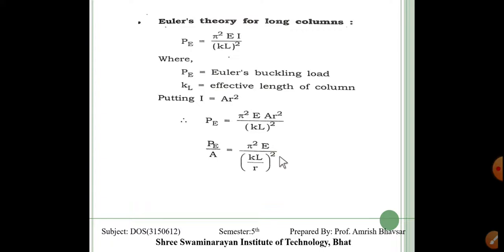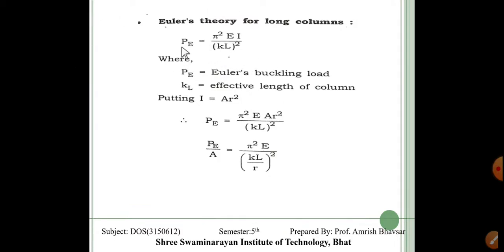Whenever the column is long, it can be buckled, and due to that buckling, four cases are generated as per the end conditions. So Euler's theory for the long column, that is PE is equal to pi square EI upon L square.